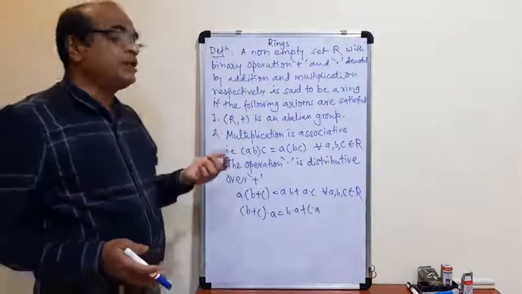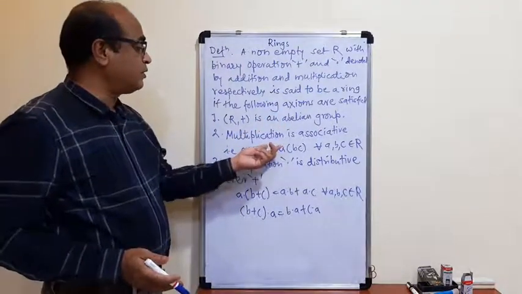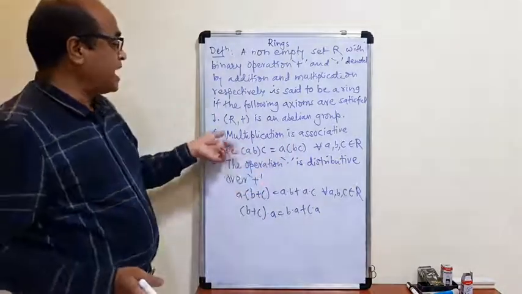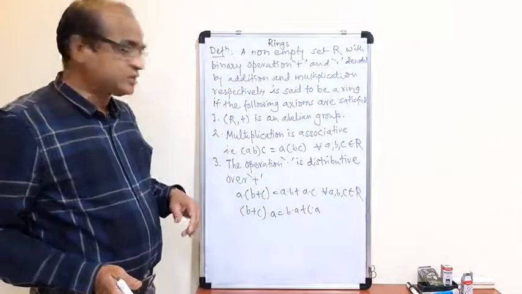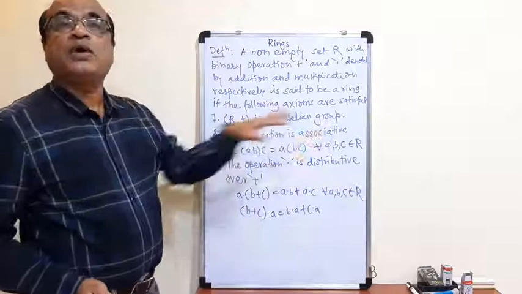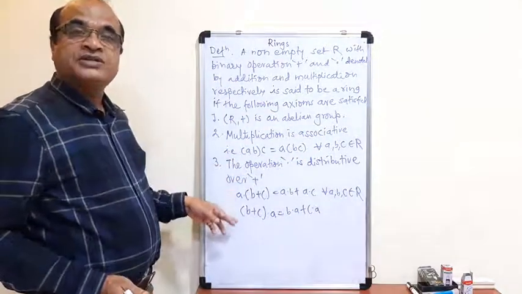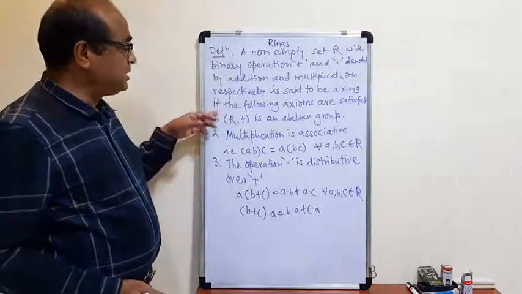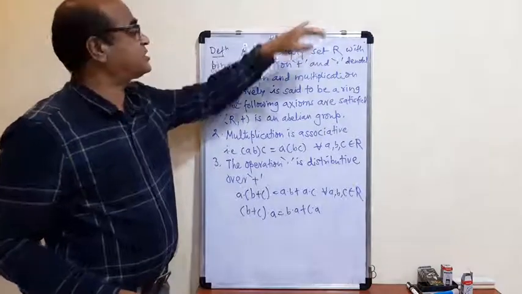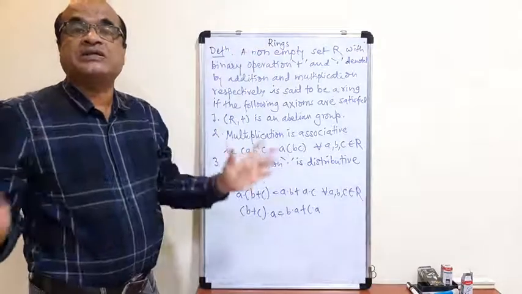Then multiplication is associative: (AB) into C is equal to A into (BC) with respect to the multiplication operation. Also the operation dot is distributive over addition. This is the left distributive law and this is the right distributive law. If these axioms are satisfied by the set R with respect to plus and multiplication, then R is said to be a ring.